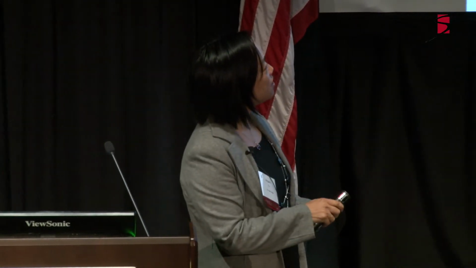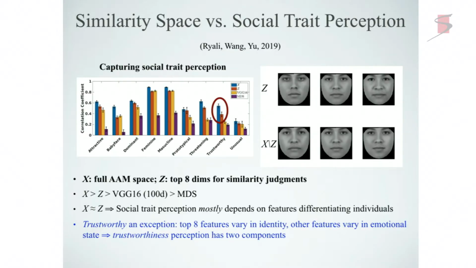And when we visualize synthetic faces along the LTA within the subspace that's important for similarity judgment, as opposed to the LTA in the orthogonal space that's not important for similarity judgment, then you see something really interesting, which is that trustworthiness perception has two components, right?